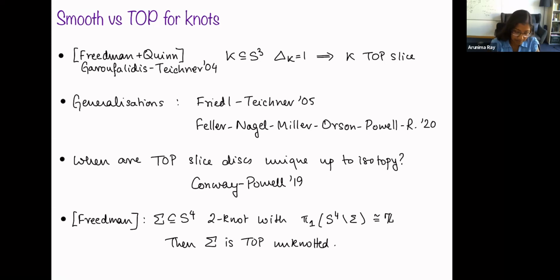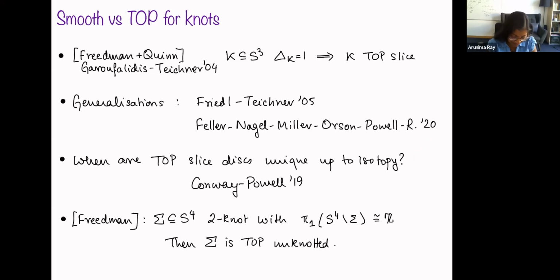This, for example, is a call to smooth manifold topologists: go and find us the smooth analog of this question. And similarly, Lisa mentioned results about exotic disks and exotic surfaces inside of four-manifolds. Results like this give context for that.